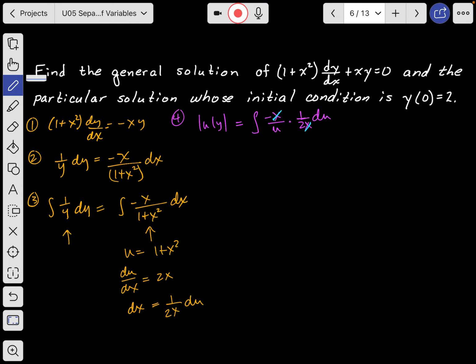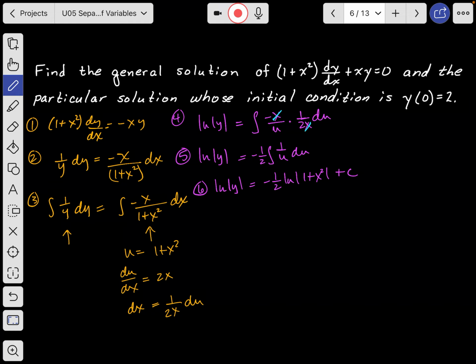So that wasn't too bad. All right, so in step 5, natural log of u, my u value is 1 plus x squared, plus c. All right, so now I've integrated.